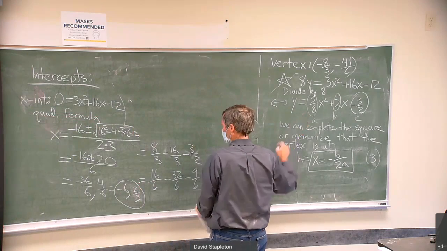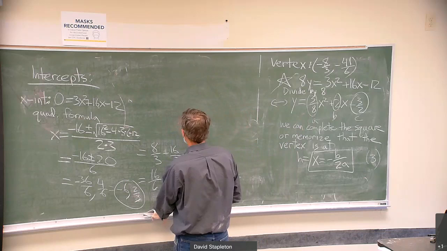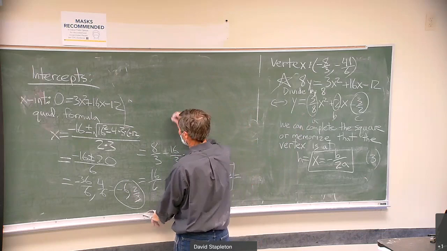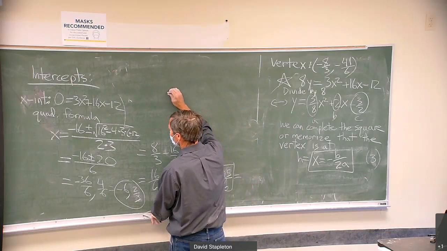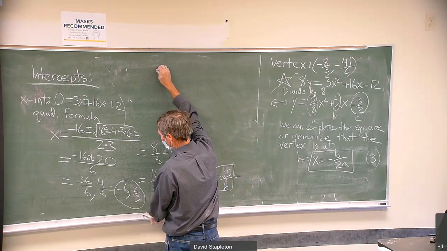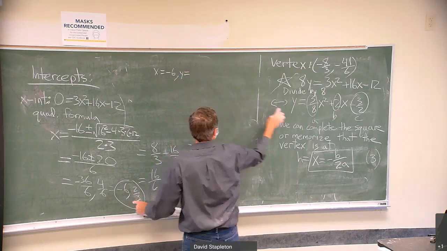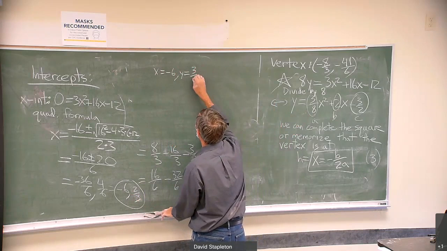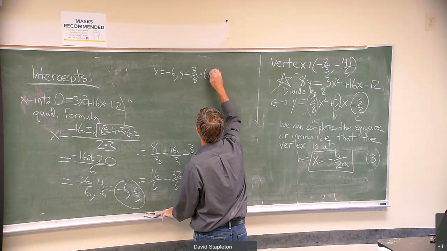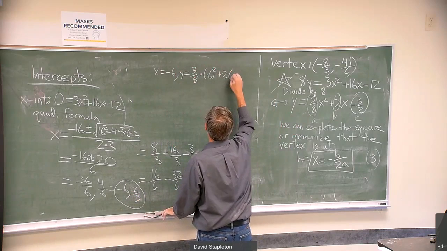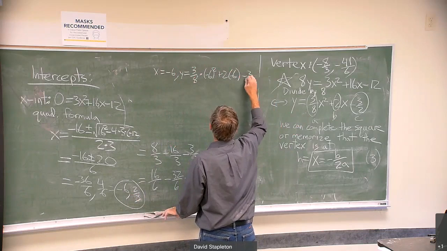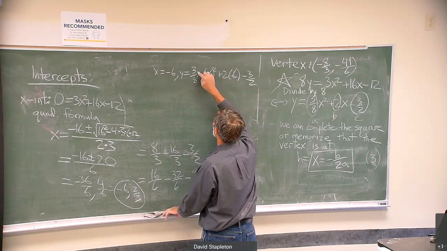But you actually have to put it in here to get the y coordinates. So when you put x equals minus 6, y equals 3/8 times minus 6 squared plus 2 times minus 6 minus 3/2. I have to do all these fractions. 36, oh boy.